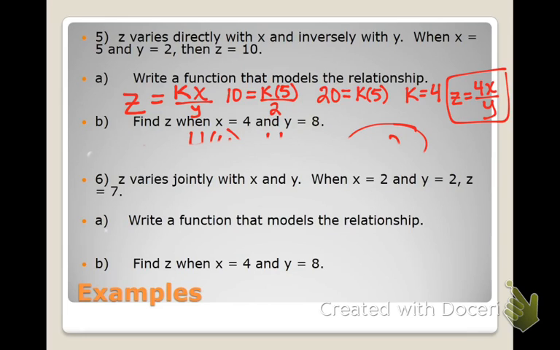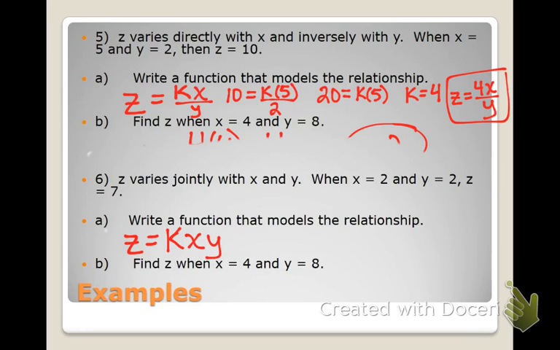Direct variation. And with direct variation, we have z equals, because z is the one that's varying, we know we need a k. Good. K times x times y. So they're all getting multiplied together when it's jointly.